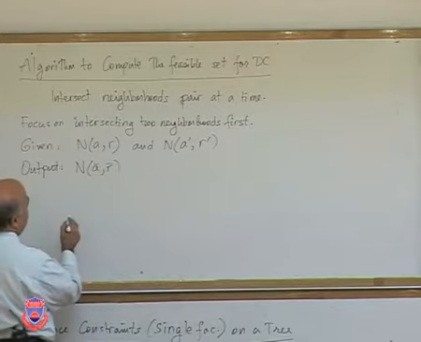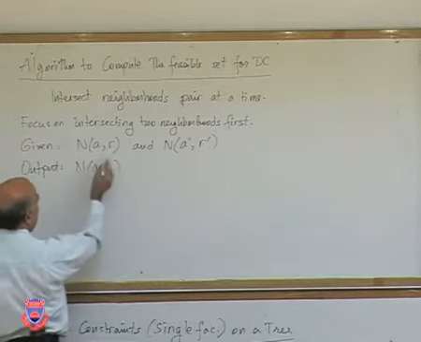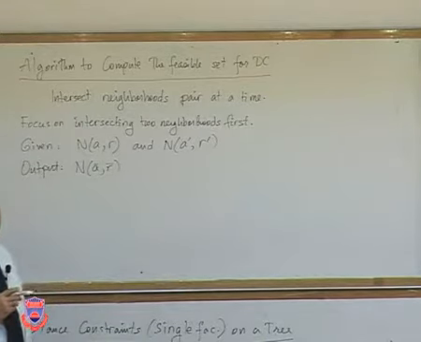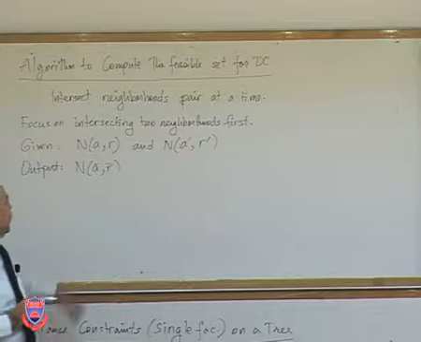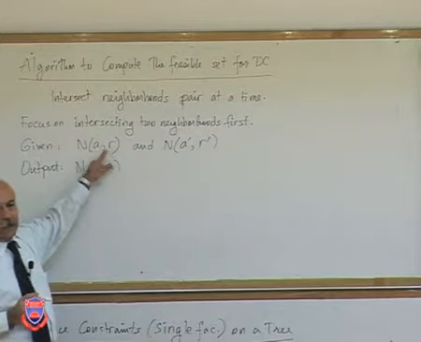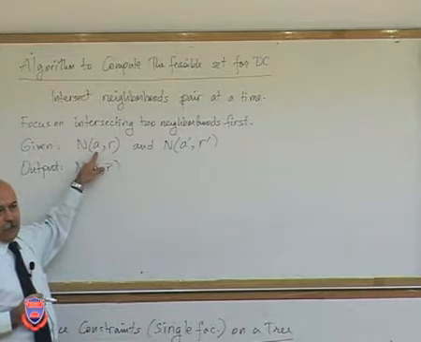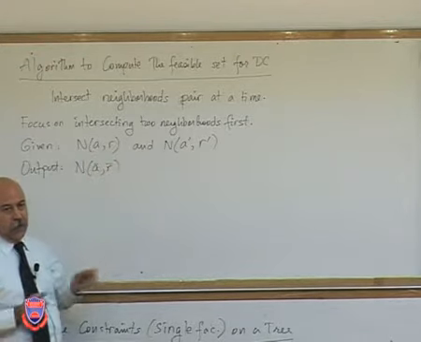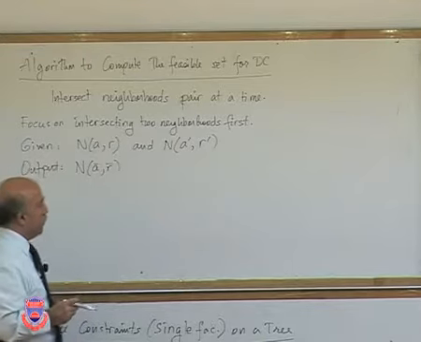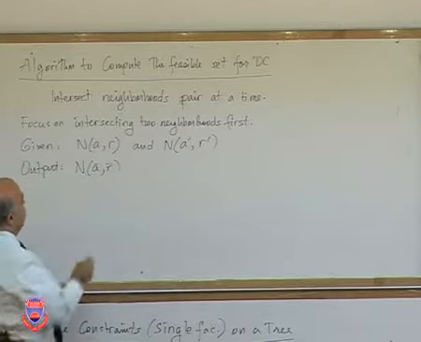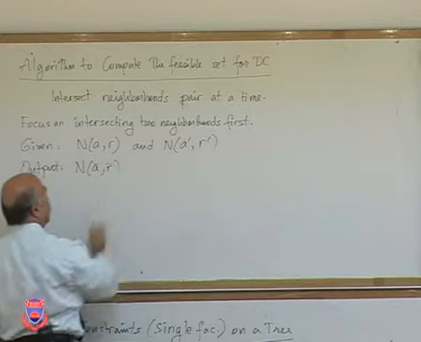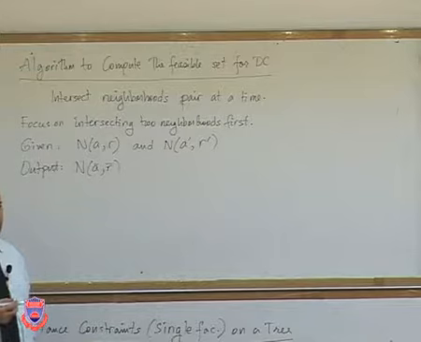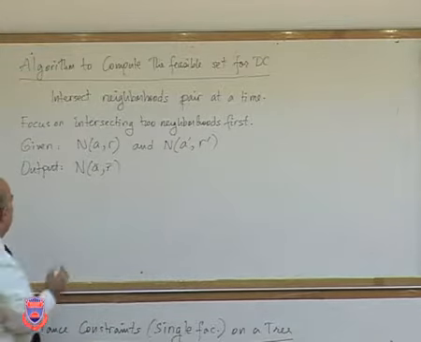Even if the radii are non-negative, by the way, if R is 0, what happens to this neighborhood? It's a singleton, the point A. Likewise for the other one. So they could be 0, no problem with that. Now, they could be non-negative numbers, but the intersection may still be empty. And we should be able to make that conclusion.